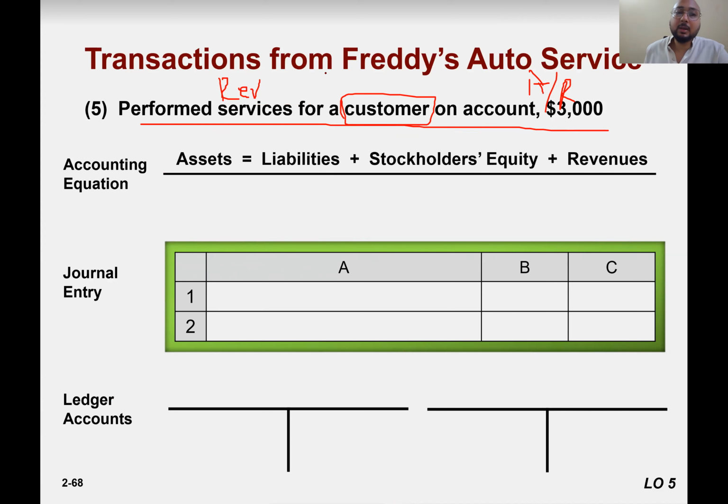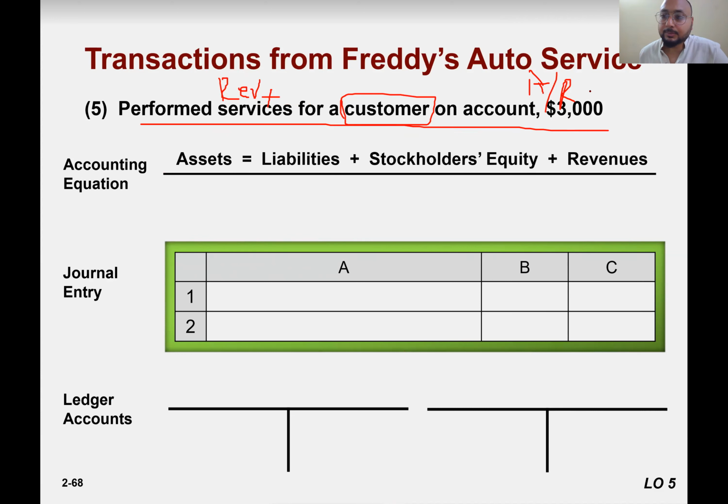So now you tell me, revenue increase or decrease? Increase. Well done. Our customers increase or decrease? Increase. Well done. And now convert those into debit or credit.